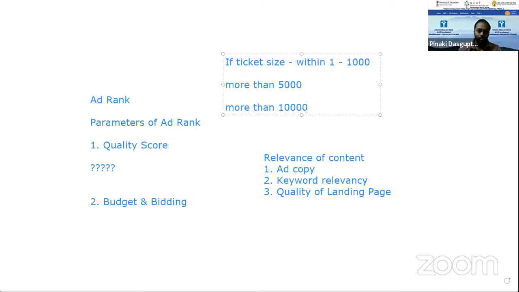Like in case of cold creams or body lotions or shirts, your campaign objective will be sales, direct sales. But in case of MBA course, your objective is to generate leads. So this is how we determine the objective of the campaign as well as the budget of the campaign.